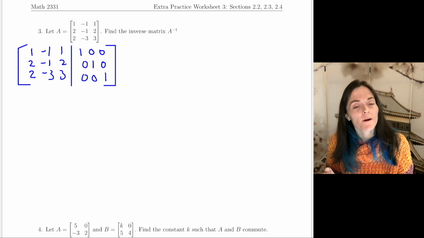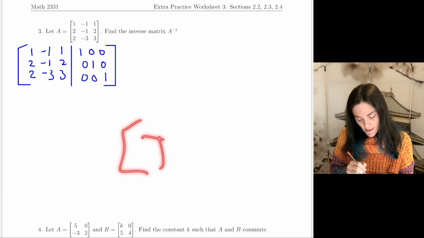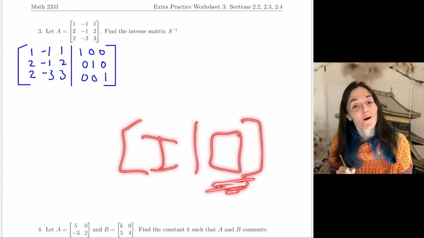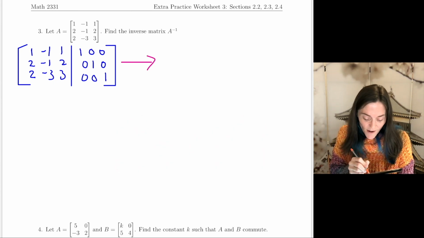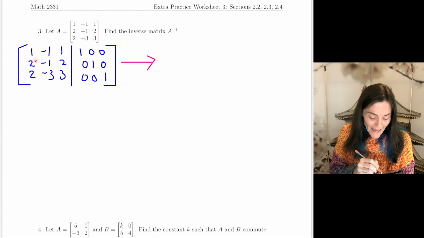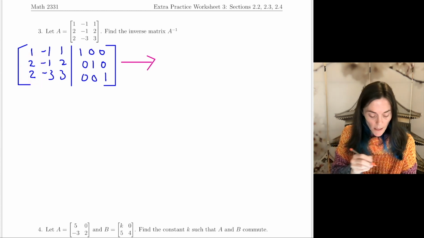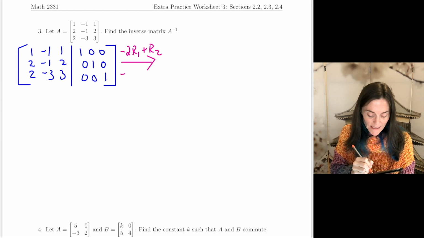Then we perform elementary row operations until we see this identity, and then this matrix over here will be the inverse. So let's get started on our row operations. My strategy is to first get zeros underneath this first one. At the same time, we can take -2 row 1, add it to row 2. We take -2 row 1, add it to row 3.